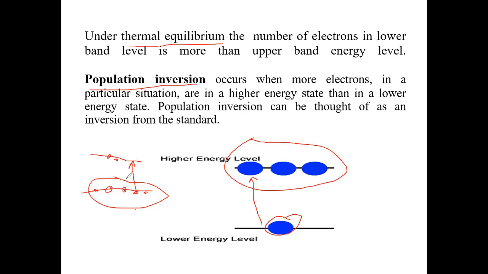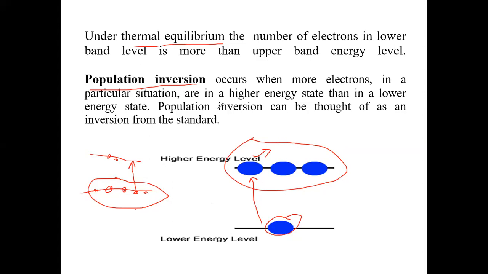Normal level में lower band में ज़्यादा population होना चाहिए, but in optical amplifiers, since I want to do stimulated emission, I have to send this to the higher energy level. Stimulate करके उसको ऊपर भेजना है so that the photons are released. So considering the normal situation, यहाँ पे population ज़्यादा होना चाहिए, अभी यहाँ पे ज़्यादा है. So I am achieving population inversion.